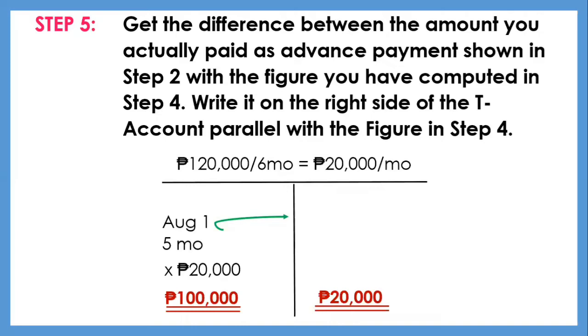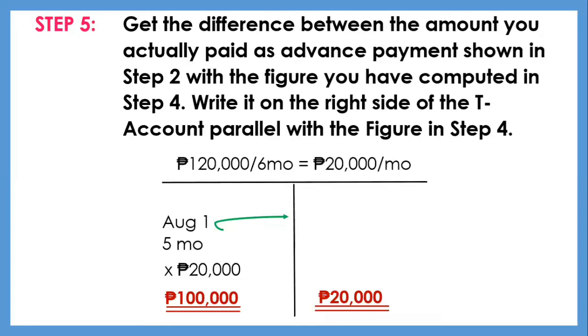On the other hand, the 20,000 pesos represents the amount not yet used by the business as of the demarcation line. This is the asset portion of the advance payment at the end of the accounting period.